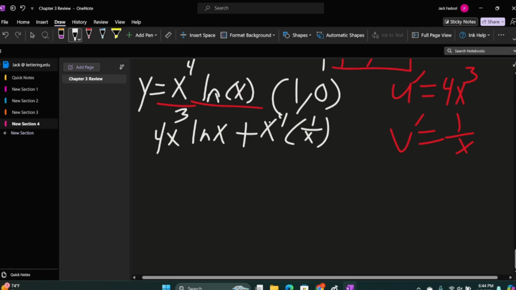Then we sub in 1, because it's our x coordinate, into this equation. So it's just 4 times 0 plus 1. So it's just 1. That is our slope.